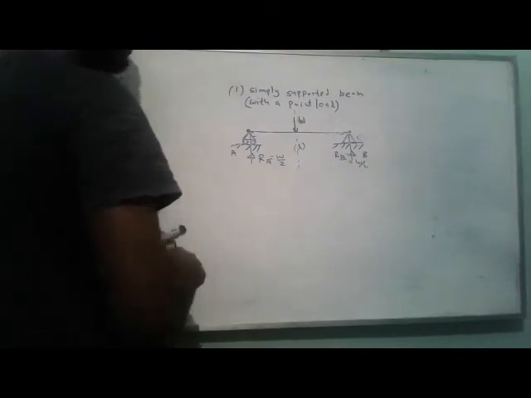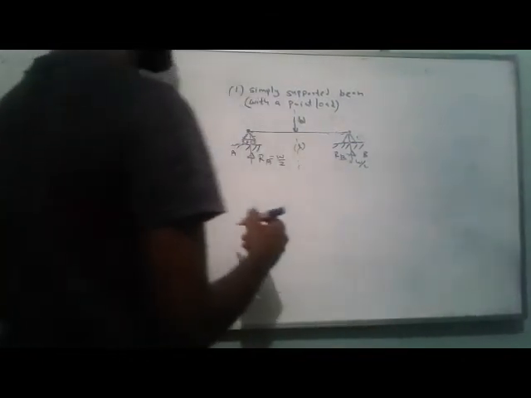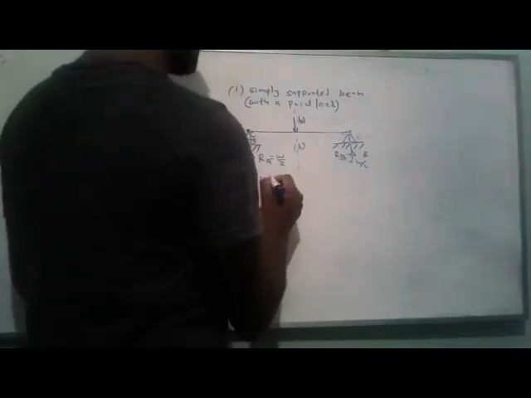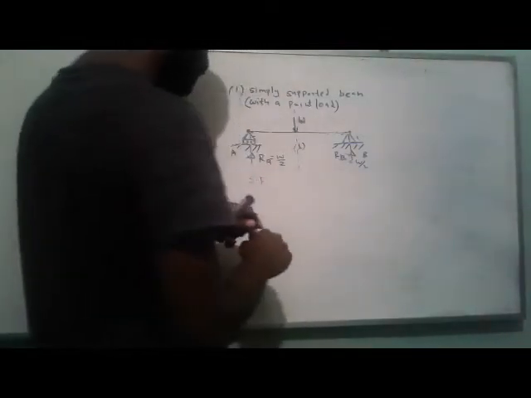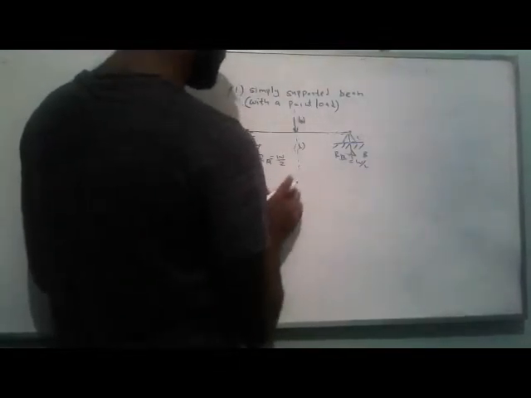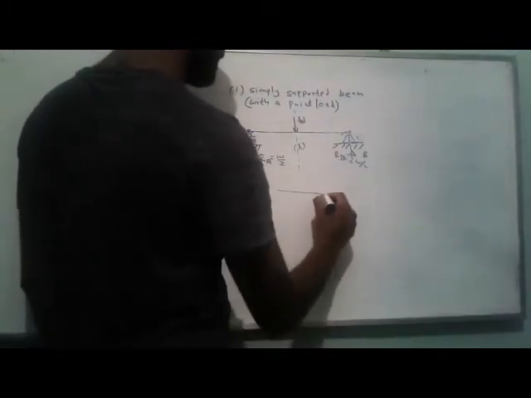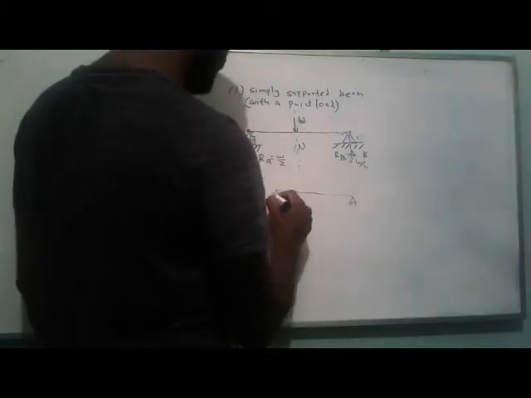Before we move to draw the shear force and bending moment diagrams, we should know the sign convention. If we draw a shear force diagram, there is a sign convention. Let's consider this beam, with a pin support here and a roller support here.